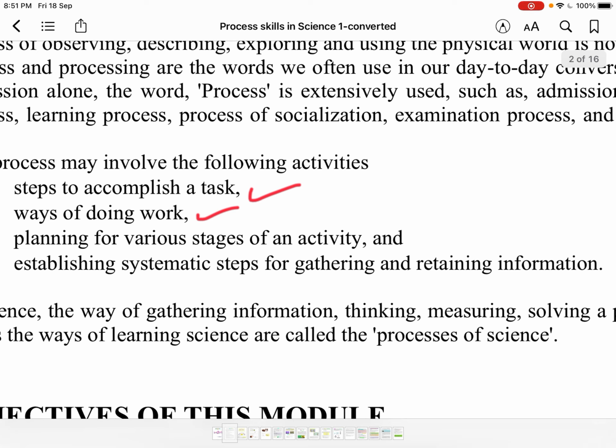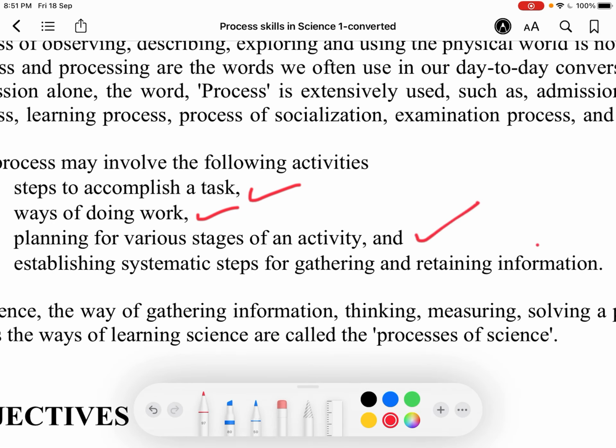Once steps are accomplished, the different ways of doing the work are also defined. Then in every stage, proper planning is to be done on how it can be executed, and towards the end we must be able to establish systematic steps for gathering, that is acquisition, but also retaining the information. So if these 4 steps are there, then that activity is known as the process.